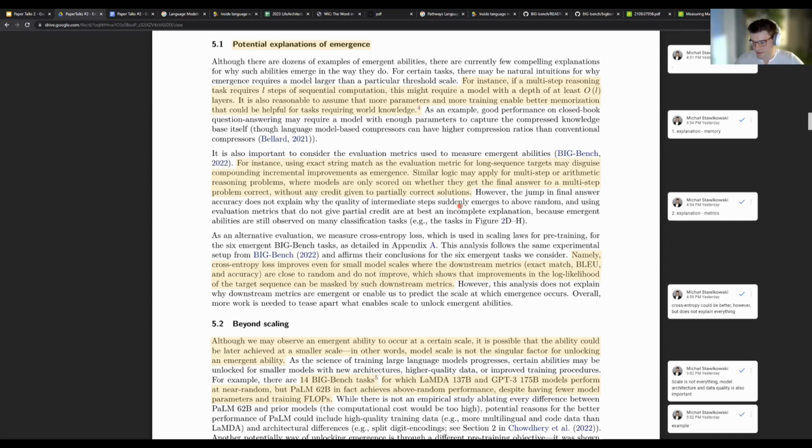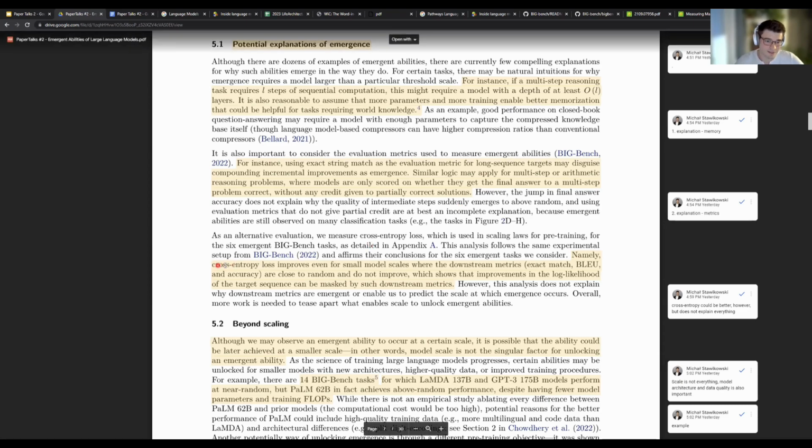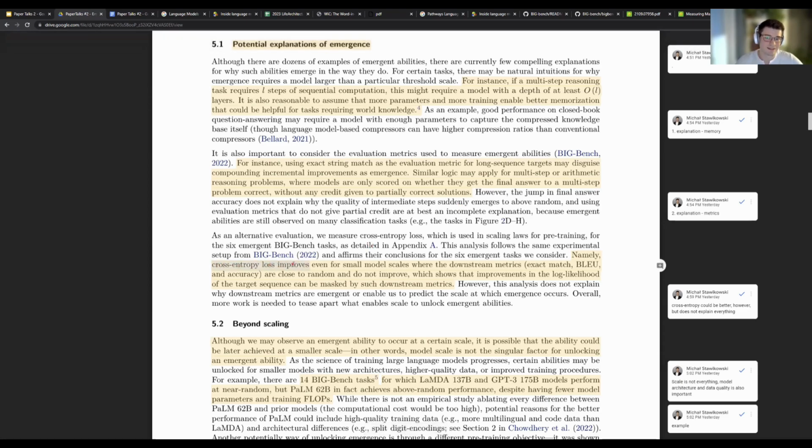Yes, especially in multi-class classification, when you have a lot of classes, this can be even easier to notice. But actually, they propose that the cross entropy loss for some tasks is better to show the gradual changes, and then these emergent abilities aren't so visible. But this is true only for some tasks.